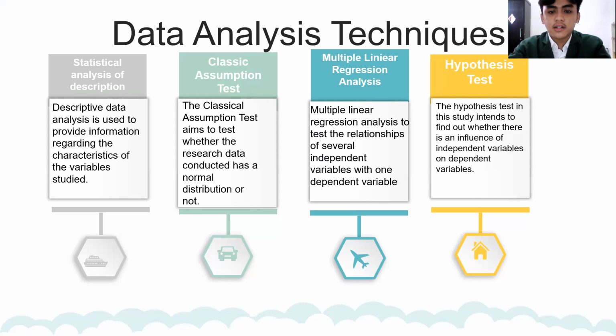Multiple linear regression analysis tests the relationship of several independent variables with one dependent variable. And last, hypothesis test. The hypothesis test in this study intends to find out whether there is an influence of independent variables on dependent variables.